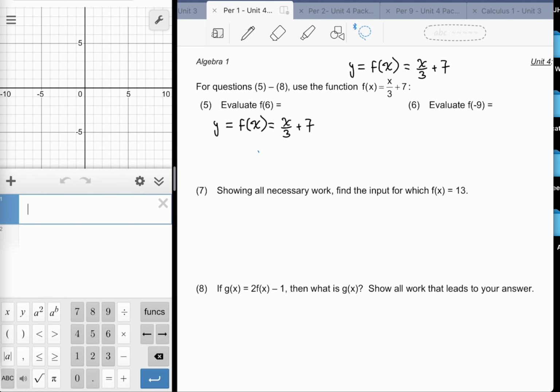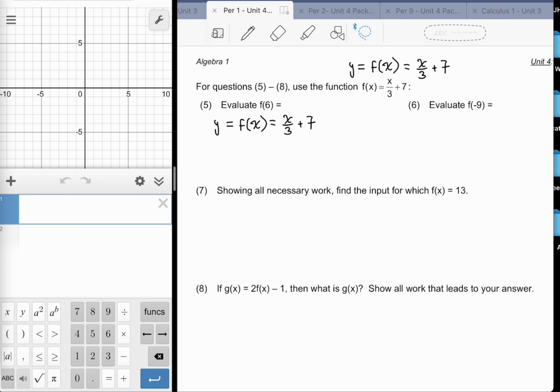I'm also saying f of x is equal to x over 3 plus 7. I'm also saying that y and f of x are the same. They're equal to one another. This triple equality is really just the same as saying all three parts are equivalent to one another, so you could take any two pieces of this and make an equation out of it.